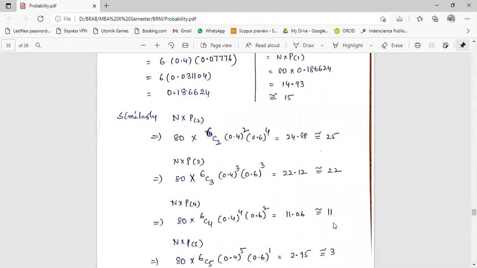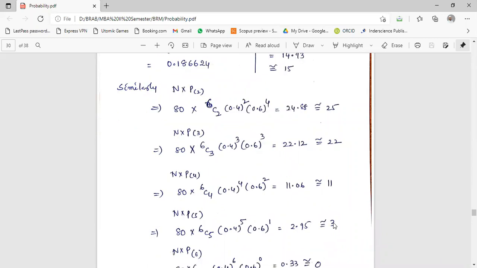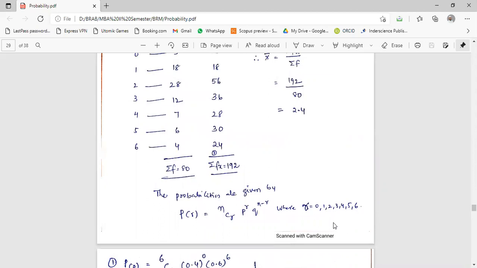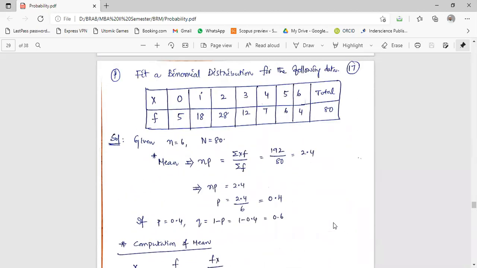Any doubts you have in this problem? No, sir. So simply you are checking the fitting of binomial distributions, meaning you are checking the reliability of the values given in the problem against the solution.